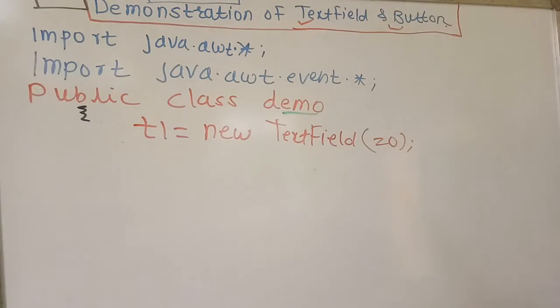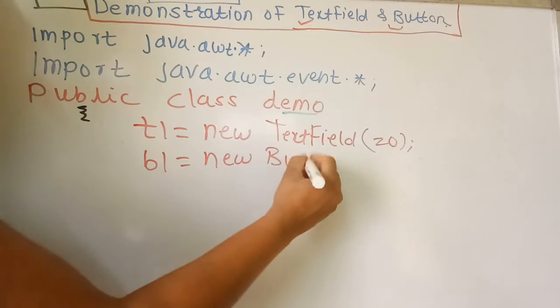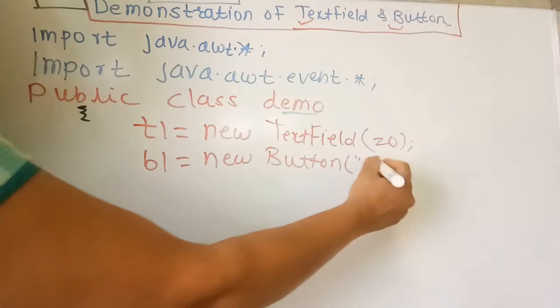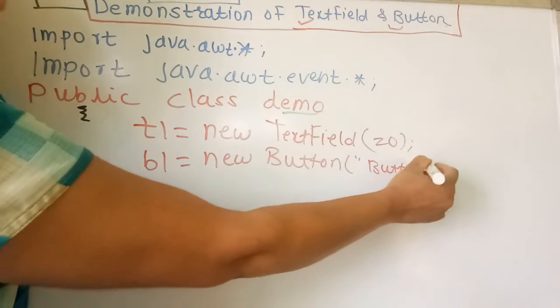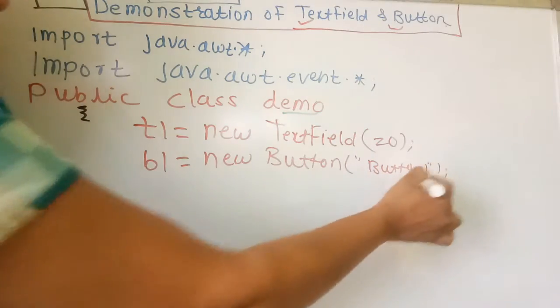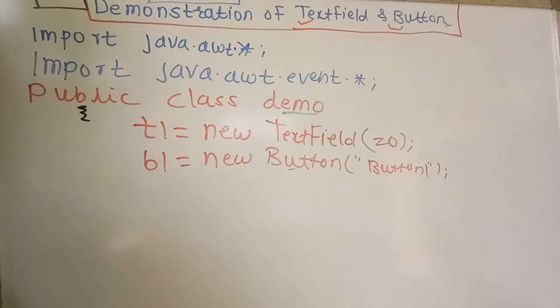You can take your own. Then we will create a button, that is B1 equals new Button, and we will pass it a name, for example Button1. We will simply add this in our frame.